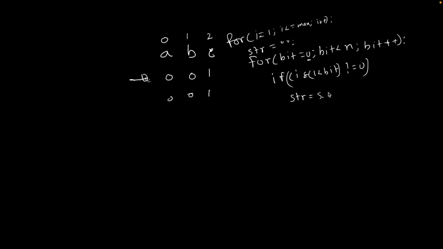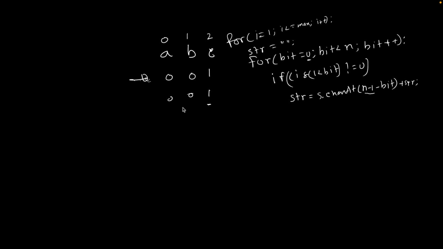We can extract it simply with str equals s dot charAt, then n minus 1 minus bit. We have to find it from the end, because for index 0, if we have a 1, we have to return the last character. So if we apply this formula, we get that, and then we add it to whatever str we have.